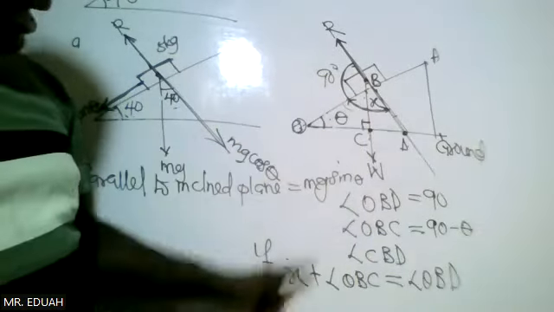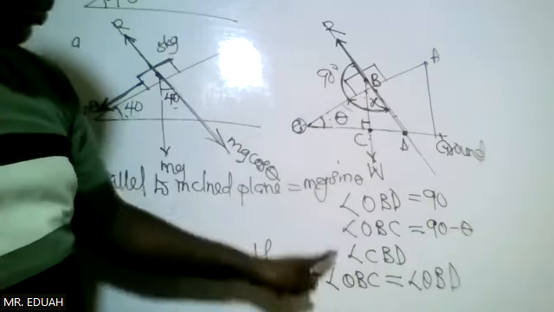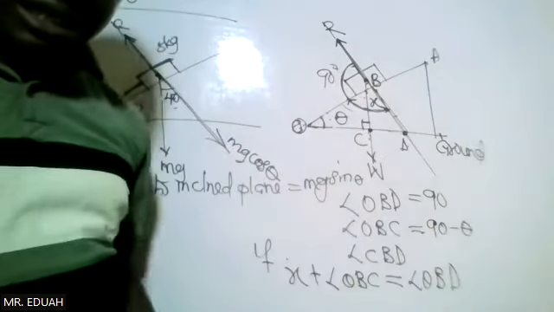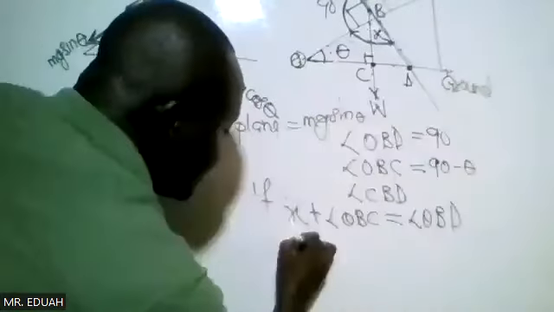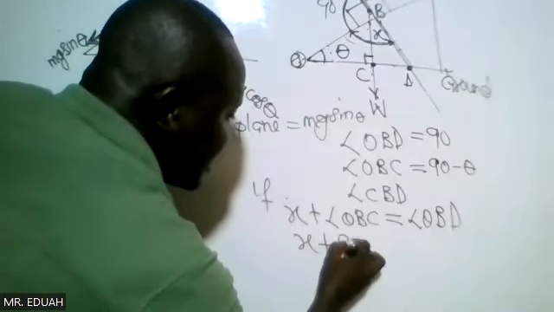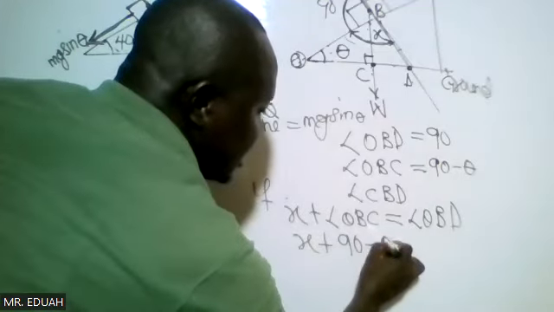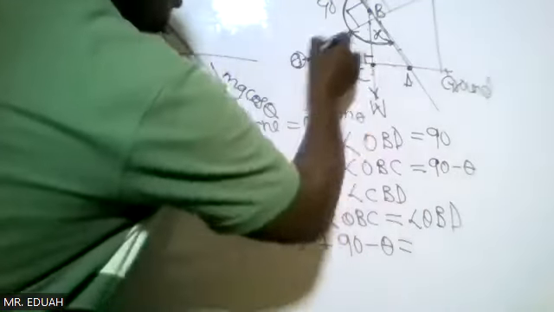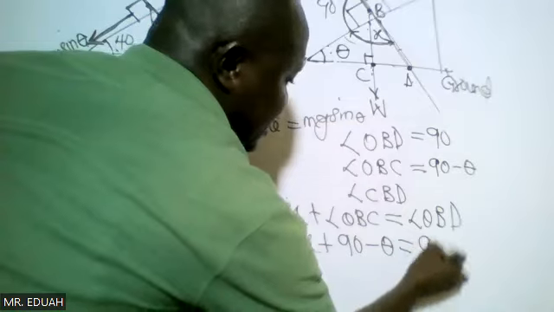We know this to be X, and we found this to be 90 minus theta. So let's put them in. It means that X plus 90 minus theta must be equal to angle OBD, which is 90.